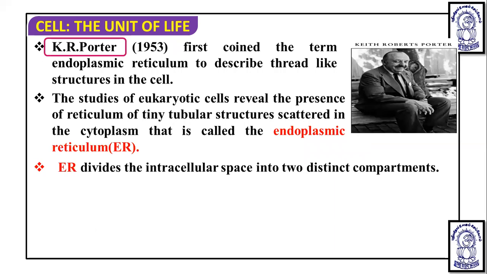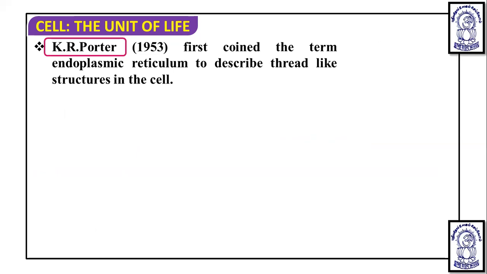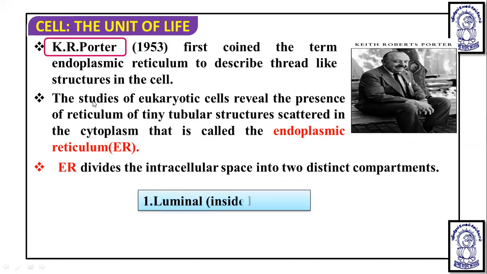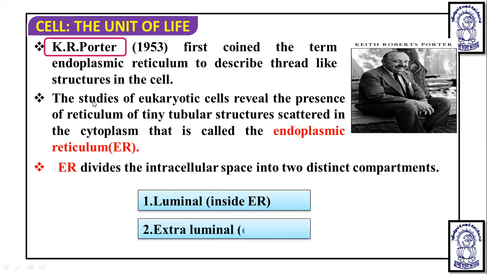Now, this ER, which is present within the cell, divides the cytoplasm or intracellular space into two distinct compartments. Let's see the previous diagram. In this diagram, there is a space within the endoplasmic reticulum, and this is the outer side space. So the ER divides the intracellular space, the complete space within the cell membrane, into two distinct compartments: a luminal compartment, which is inside the endoplasmic reticulum, and an extraluminal compartment, which is outside the endoplasmic reticulum, that is the cytoplasm, which consists of other organelles.